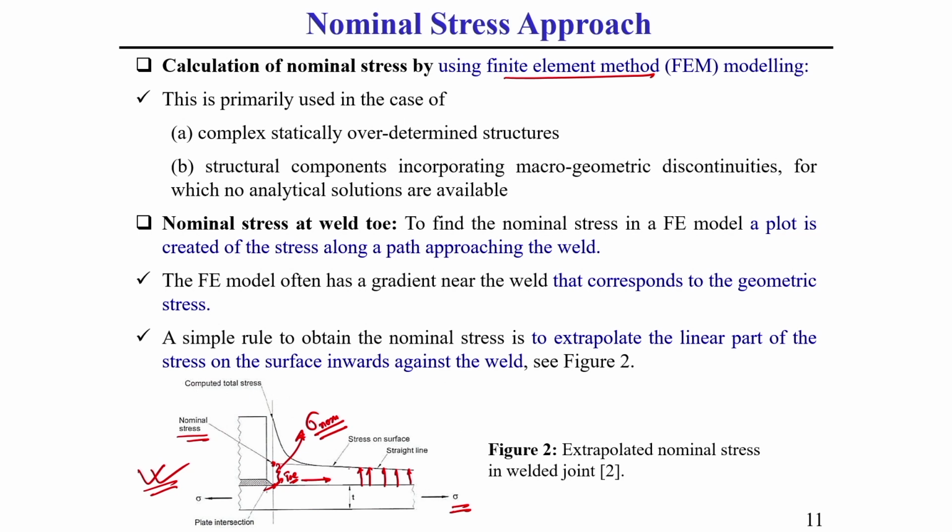How do we calculate? This is very simple. We extrapolate the linear stress zone towards the welding zone, and the extrapolation line should extend till the weld toe zone. At the weld toe, wherever this line cuts, the magnitude of stress we get at that location is called the nominal stress. That is what I have written here.